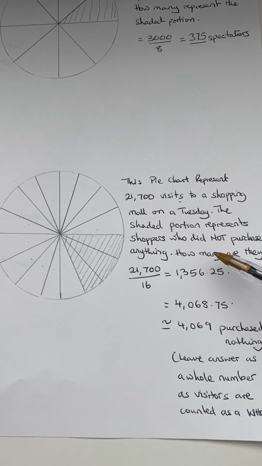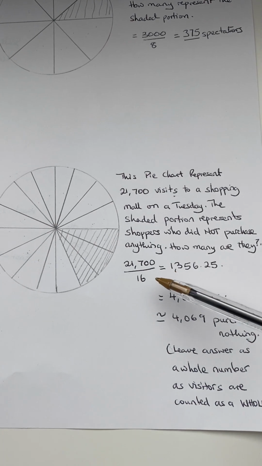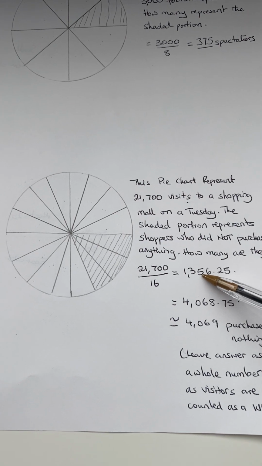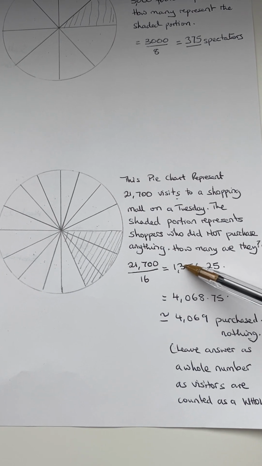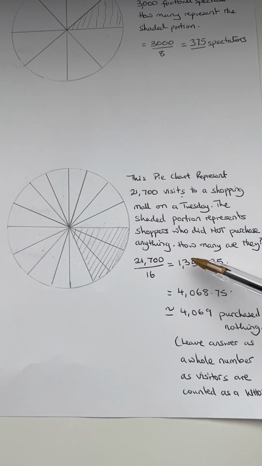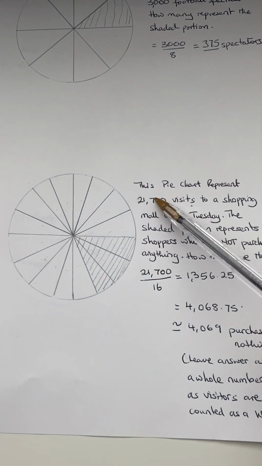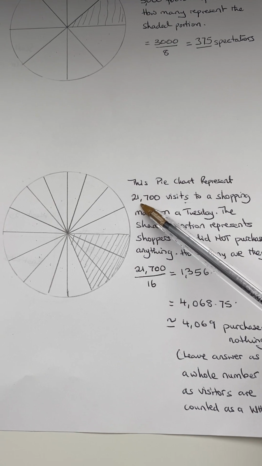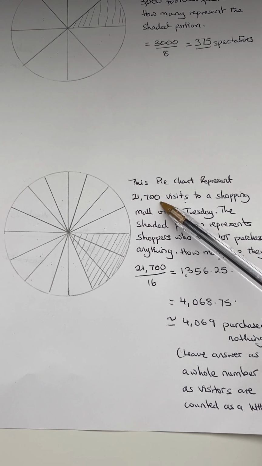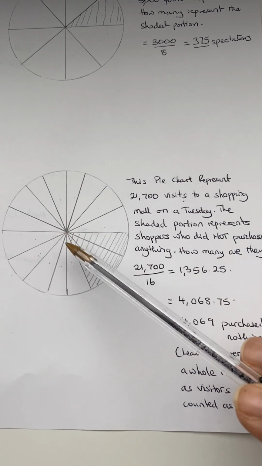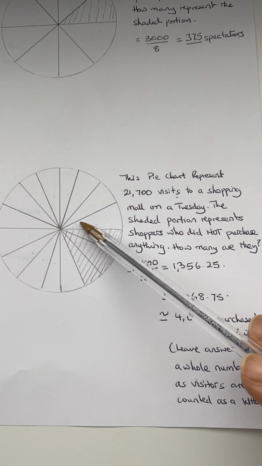Okay, now there are so many ways of doing this. But if you're a basic learner or you are in a low set, the best thing to do is divide 21,700 by 16, because it's divided into 16 portions.